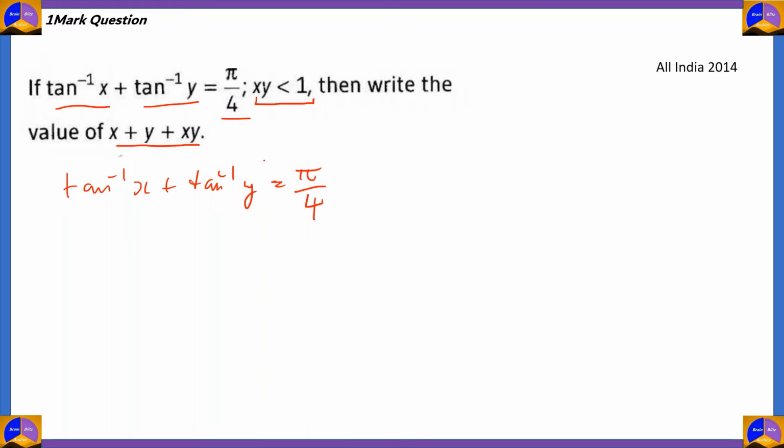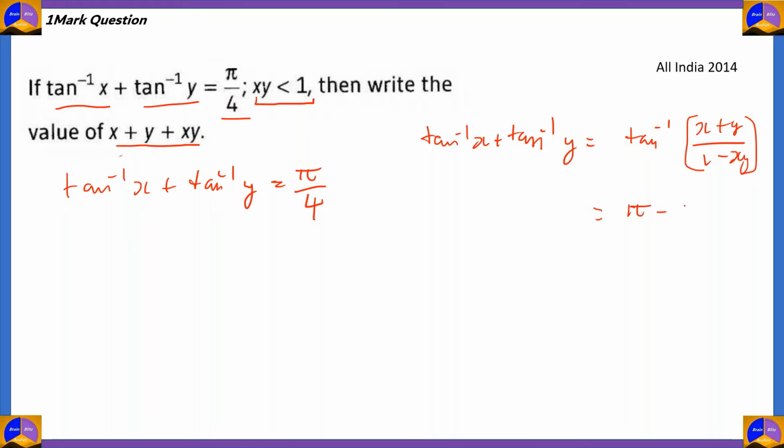So over here, we know that tan inverse x plus tan inverse y will have two formulae. Tan inverse x plus tan inverse y is equal to tan inverse of x plus y by 1 minus xy. Or it can be equal to pi plus tan inverse x plus y by 1 minus xy.